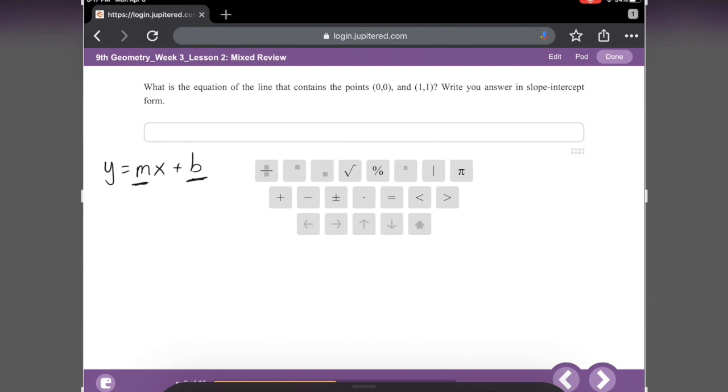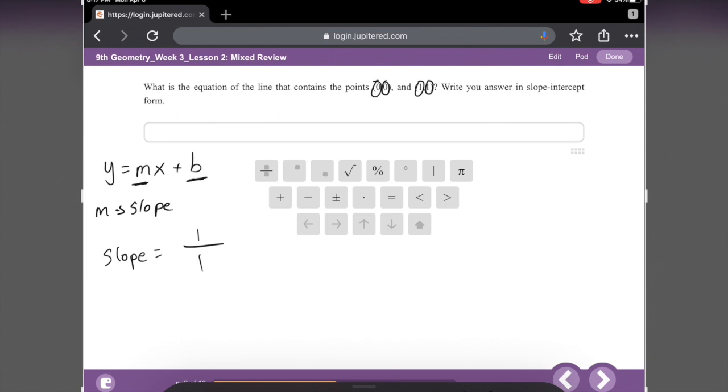Okay, so since m is the slope, we could just use the slope formula for that. So it should be pretty easy to see that the slope is going to be 1 over 1 here. Okay, by the slope formula we do y2 minus y1, or 1 minus 0. 1 minus 0 is 1. Okay, and then x2 minus x1 is going to be 1 minus 0 again, which is 1.